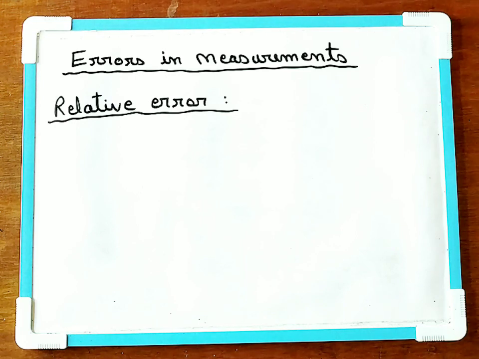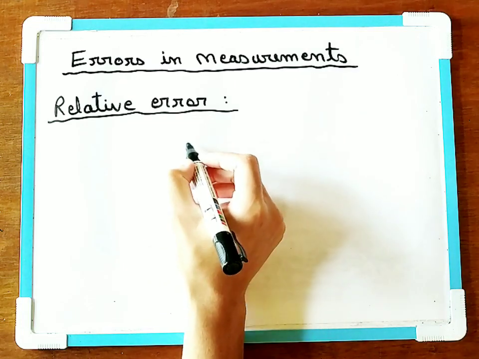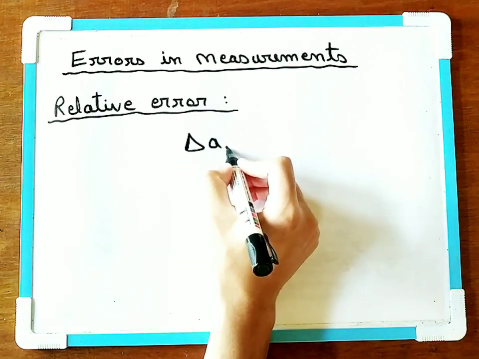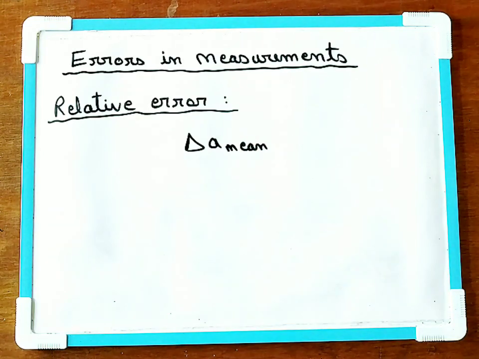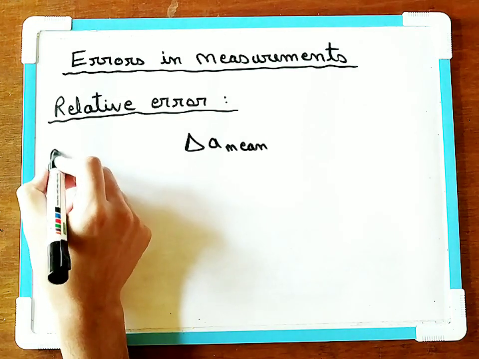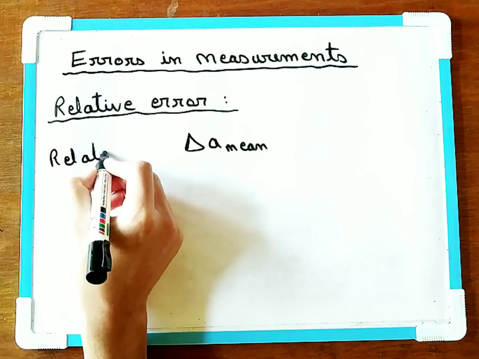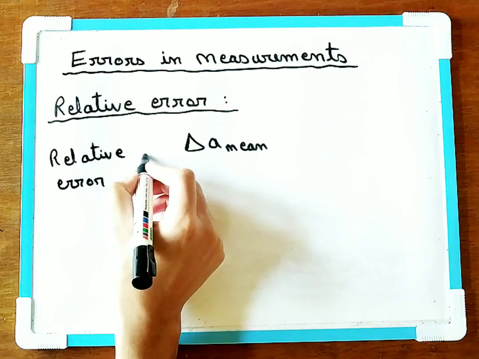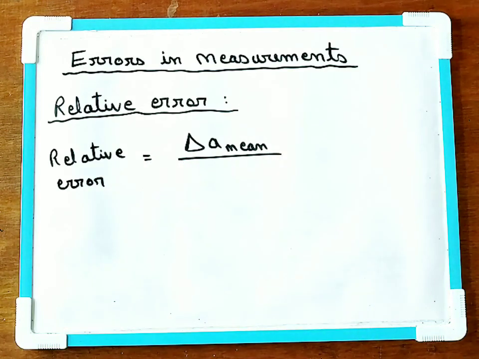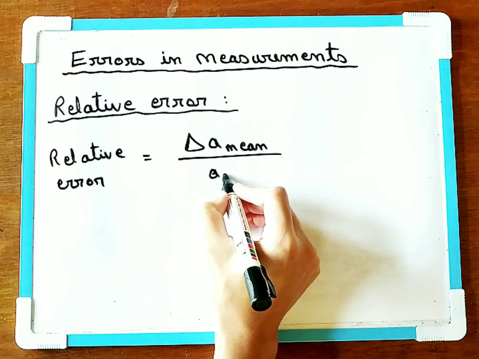Now another way of expressing errors in measurement is in terms of the relative error. Now this one is very simple. Once you have found the mean absolute error, that is delta A mean, which I've shown you in the earlier slide, the relative error can be found by simply dividing this mean absolute error by the true value.